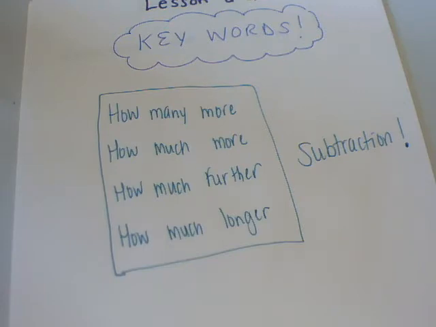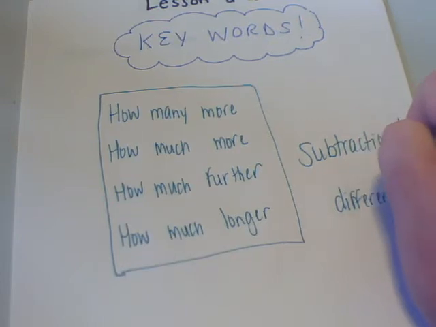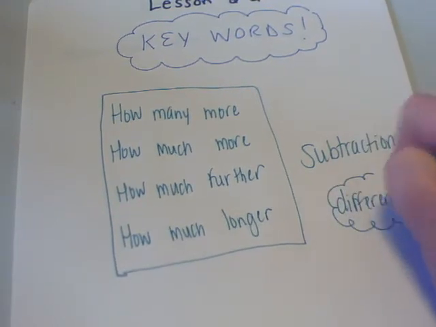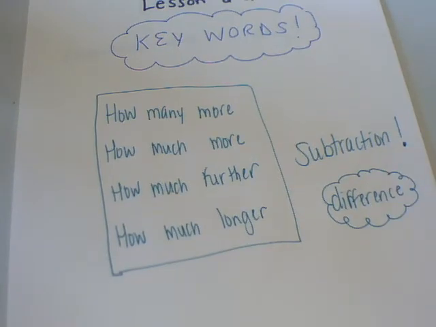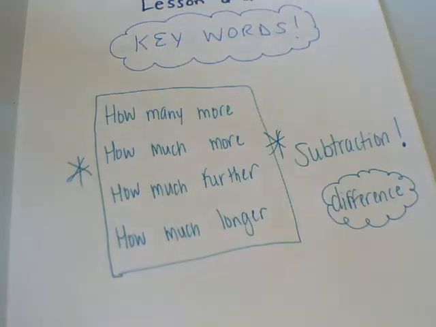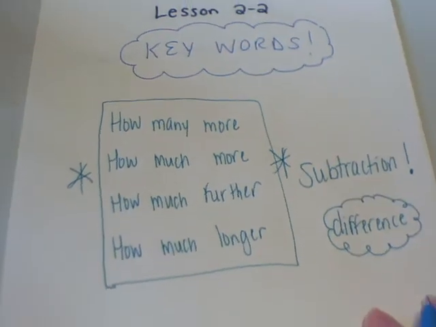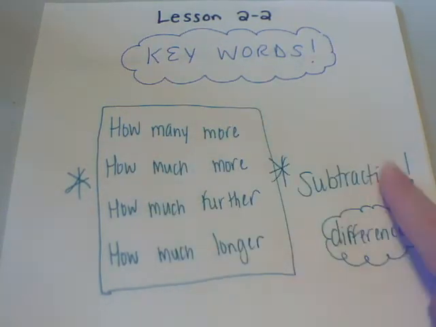Another word that goes with subtraction is difference. If you are finding the difference between two numbers, you are subtracting. Okay, these right here are really big to remember that that's subtraction. How many more, how much more, anything like that means subtraction.